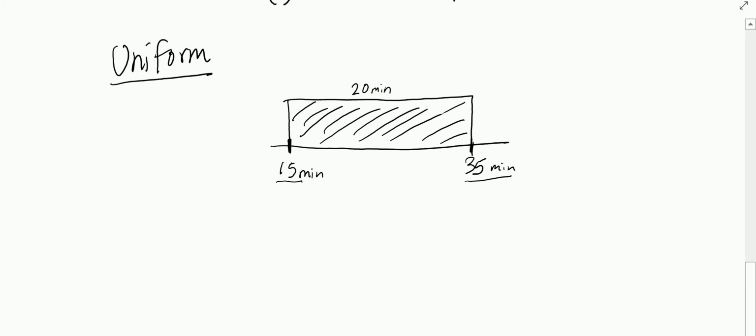And if the area has to equal 1 underneath, then essentially you're doing the length times width, which we don't know, has to equal 1, which means the height has to be 1/20th. So that means this height is 1/20th.